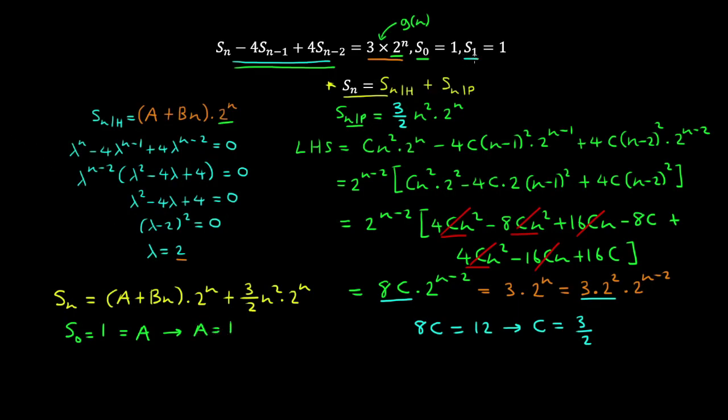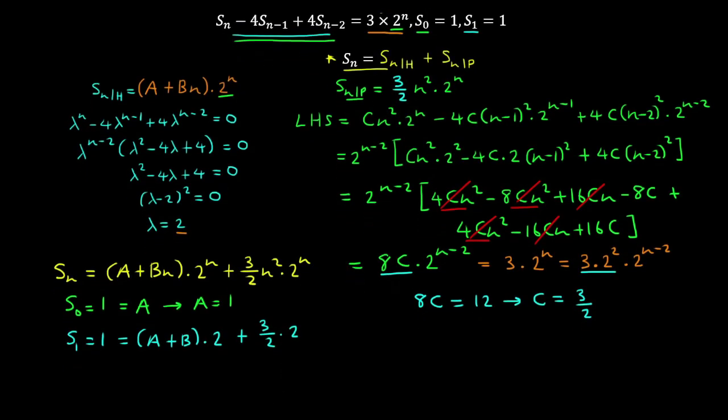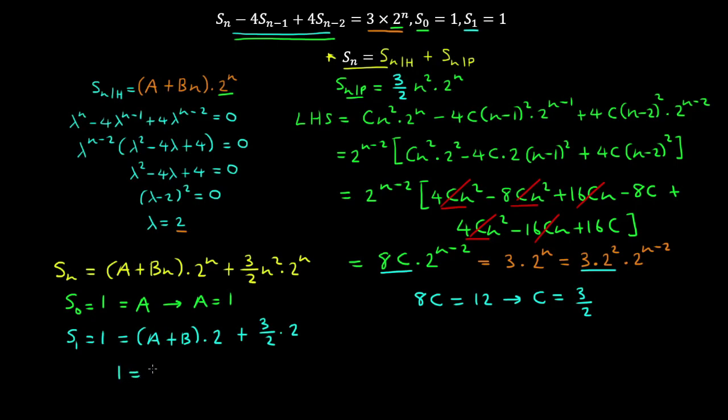And if we apply our second initial condition, S1 is equal to 1, so that would give A plus B times 1 times 2 to the 1, plus 3 on 2 times 1 squared times 2 to the 1. So that gives 1 is 2A plus 2B plus 3.